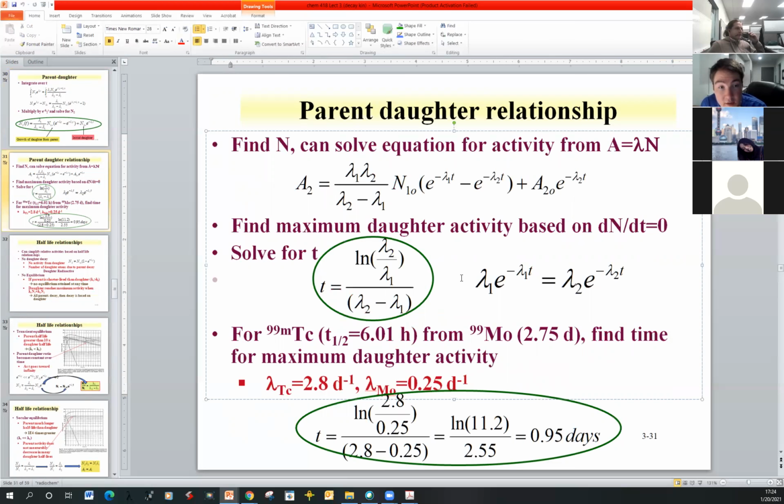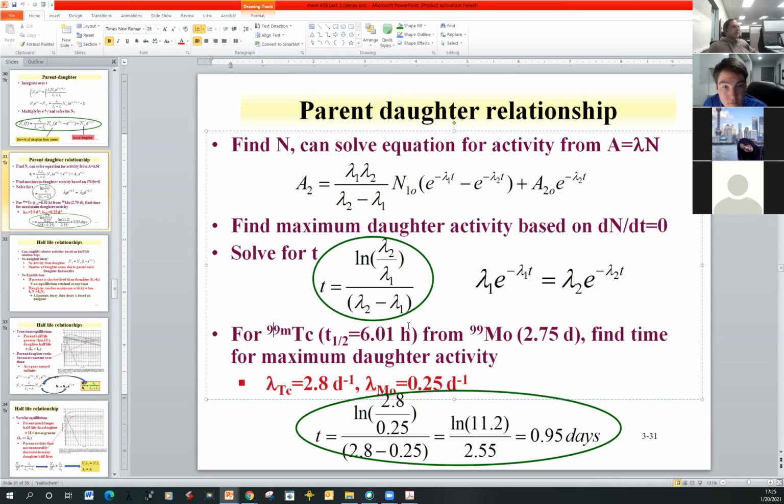Yes, and so I just wanted to note the relationships there. This example is pulled for molybdenum 99, which decays to technetium 99m, a medical isotope. So if you separated the technetium from the molybdenum, this would tell you that in about a day it'll reach the maximum amount of technetium again.